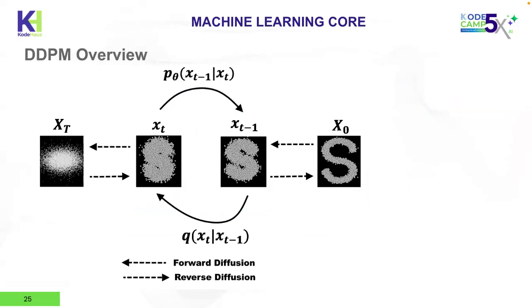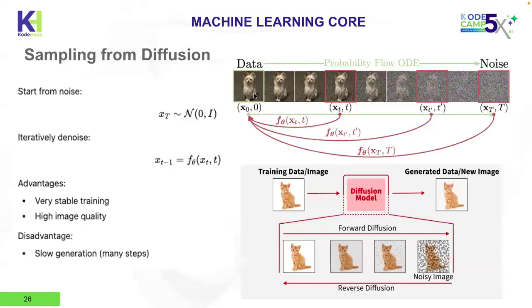Then you give it noise, and in the forward step you have q(xt given xt minus 1). And then p theta is the probability of the amount of noise between two steps, right? We're going to look in more detail at that. So again, this is also another example.